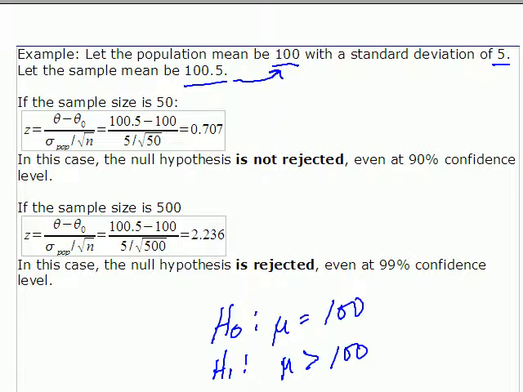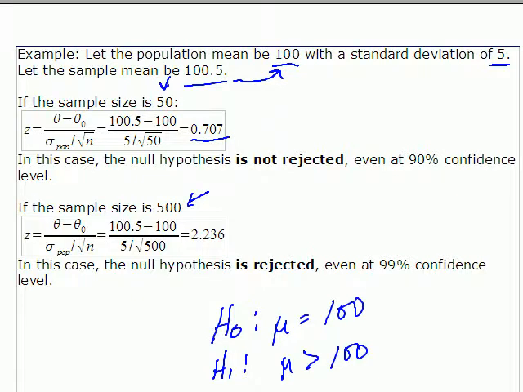But let's find the z-value associated with it, and then we'll find the p-value using R. So here's your z-value. It's theta minus theta naught, divided by the standard deviation of the population, in this case 5, over the square root of the sample size, and we'll use a sample size of 50. My z-value is 0.707. Now what if I increase the sample size to 500?